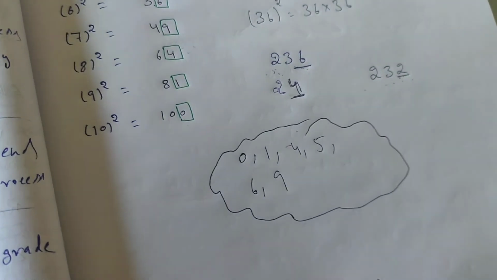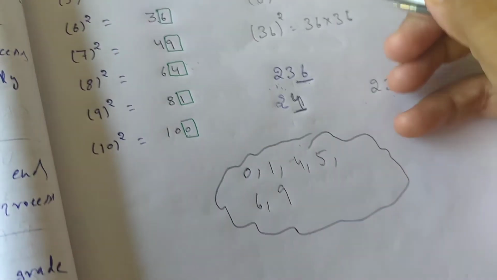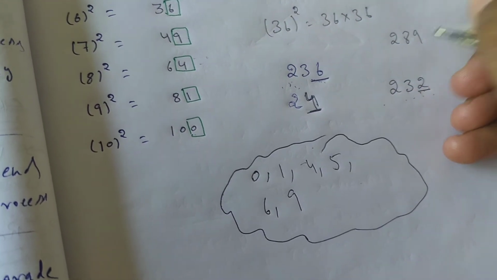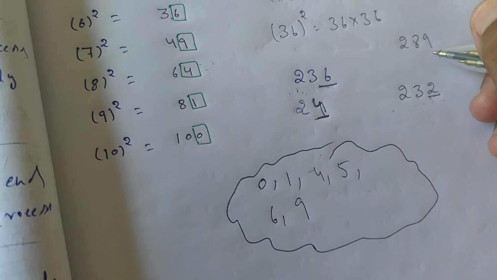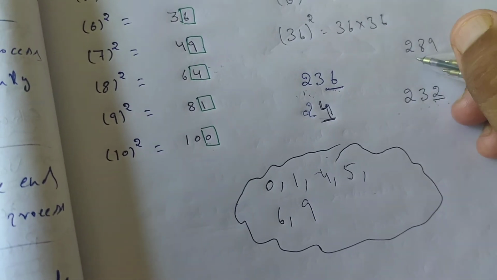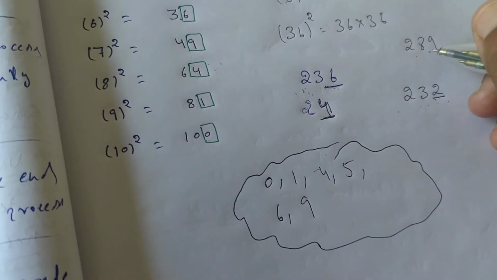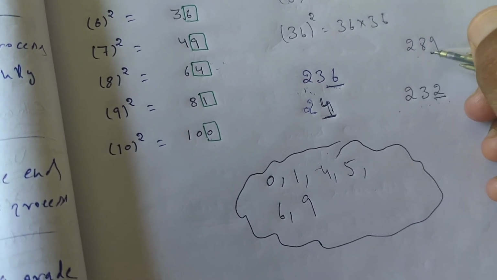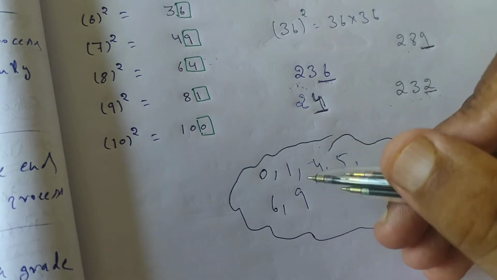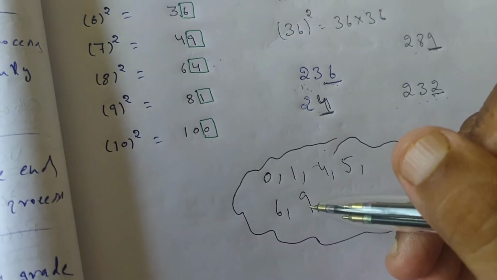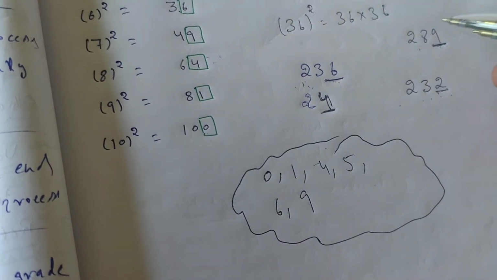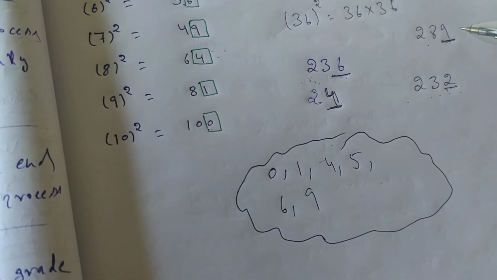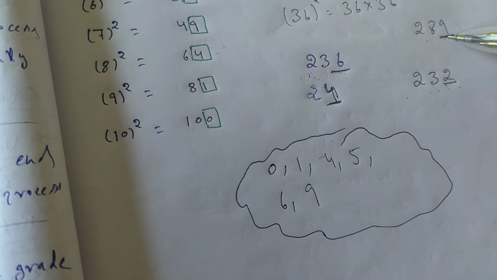Okay, if we take 289, is that a perfect square or not? Yes, maybe this is a perfect square. Why? Because at its unit place there is 9, and if there is a 9 at the unit place, then this number may be a perfect square of some number.